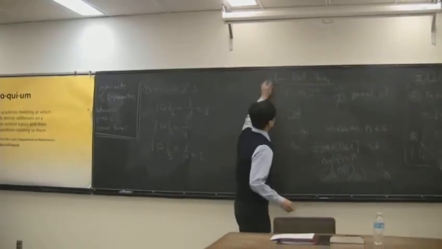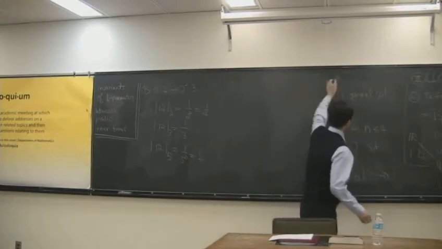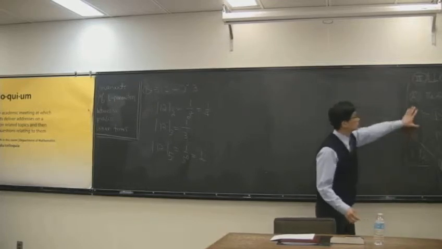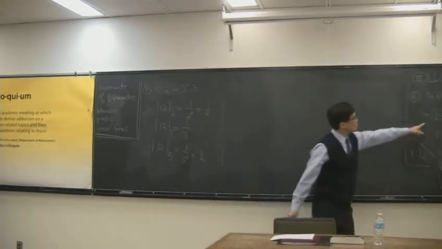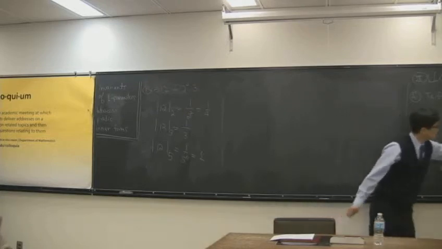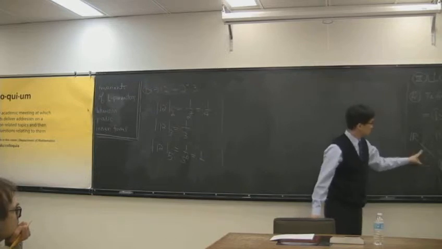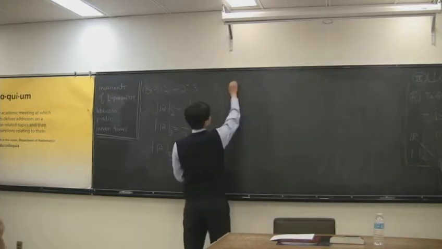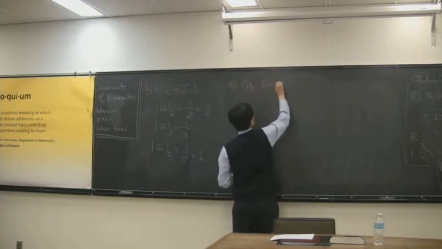I want to talk about two more things about the p-adic numbers. The first one: since you took the topological completion from Q with respect to this special metric, different from the usual absolute value, Q_p has a locally compact topology.